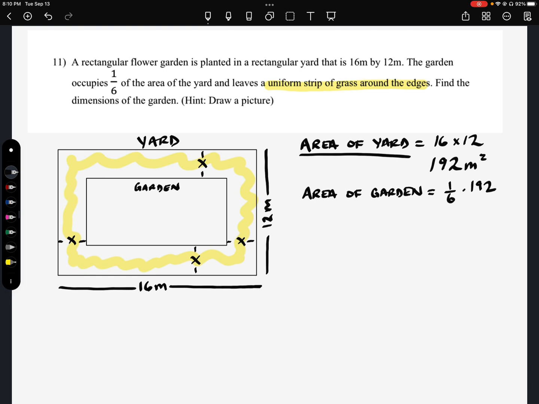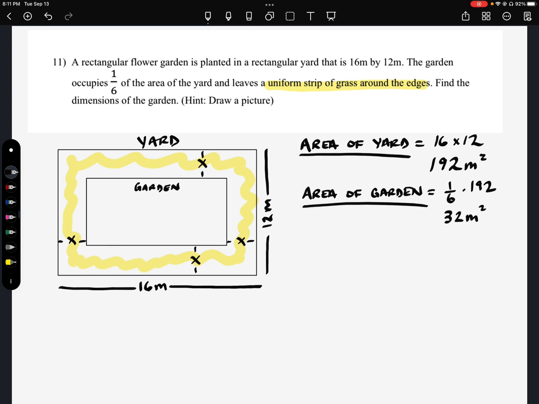You can pull out a calculator if you need to do that, or however you wish to do it. Let me double check. Yeah, it should be 32. So that's 32 square meters, the area of the garden.